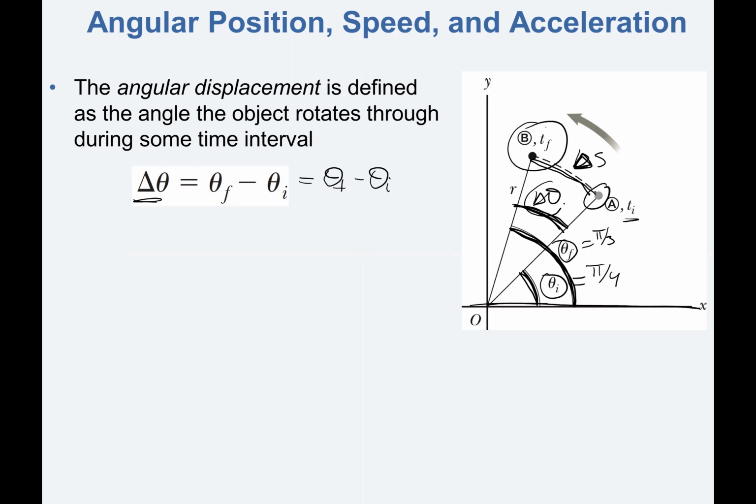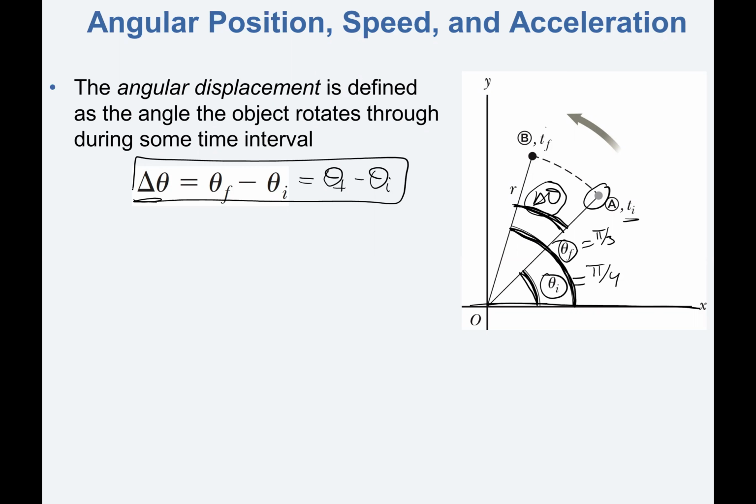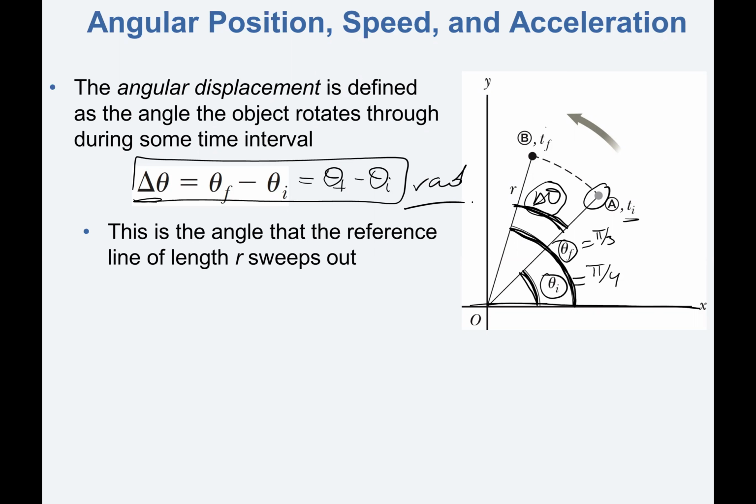But we want to work with angular displacement rather than linear displacement, which will be a little more obvious a little bit later. Right now, we want to say that if an object undergoes some kind of rotational motion, its position change can be represented in terms of angular displacement. And that's given by delta theta, okay? Now, remember again, theta here is in radians, so you can say this is the angle that the reference line of length r sweeps out, okay?